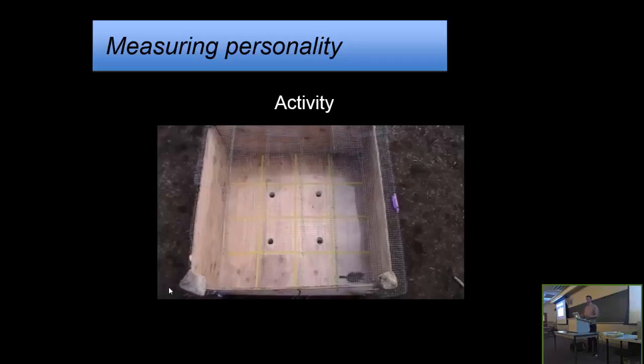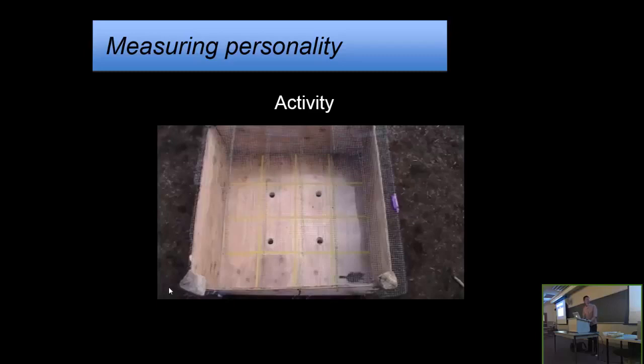Our dependent variable for how active a given squirrel is on an occasion is just a simple count of the number of lines it crosses in 5 minutes. This explained most all the variation in activity, so we did that simple measure rather than PCA or something like that.